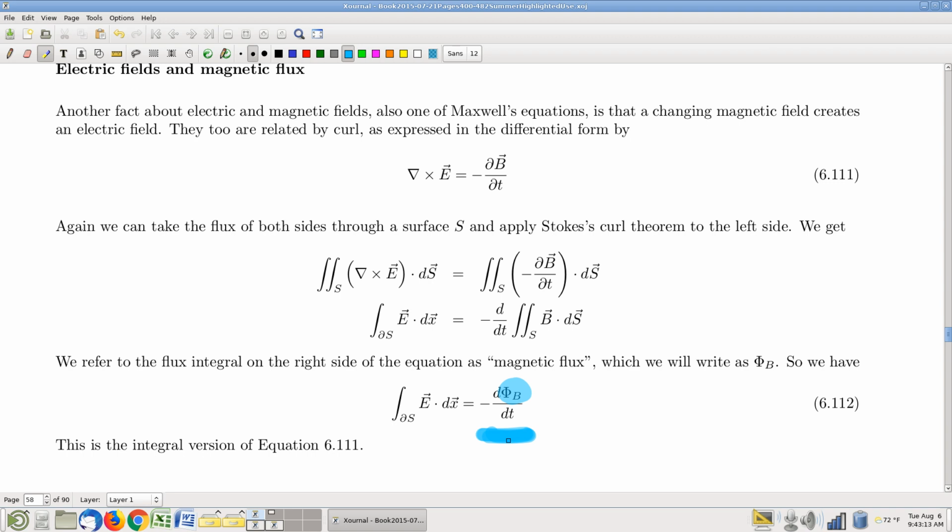You're certainly going to be changing the amount of magnetic flux that goes through that surface with the wire wrapped around it. So this is the right-hand side of the equation, a changing magnetic flux. And what does that create? That creates electric circulation, electric field, that which pushes charged particles. That creates a circulation of that around the wire, and that's what pushes charged particles through the wire and makes a current, sometimes called an EMF in this context.